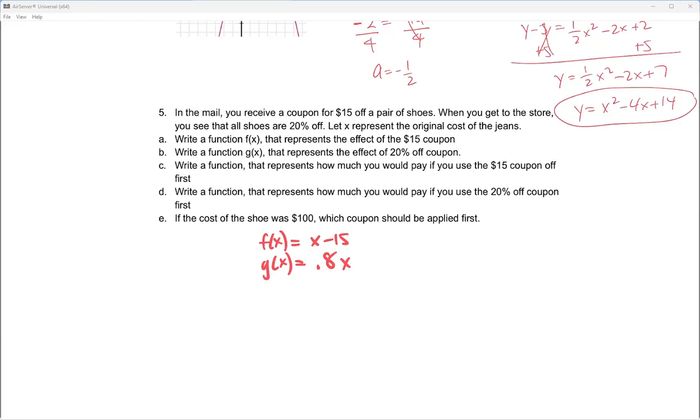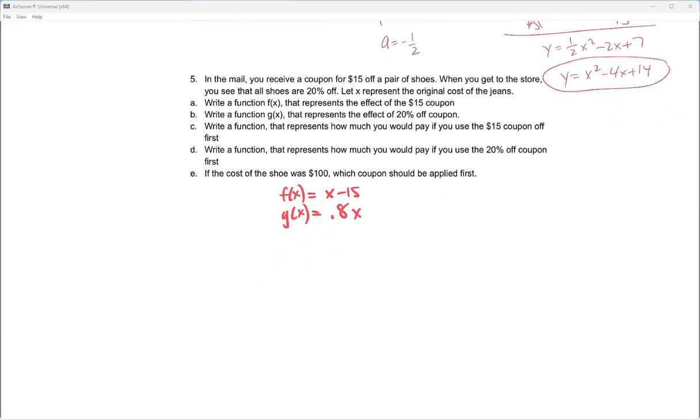All right. So what ends up happening is the function that represents how you would pay if you use the $15 coupon off first. So if you pay the $15 off coupon first, it would be x minus 15. It would be 0.8 times x minus 15.